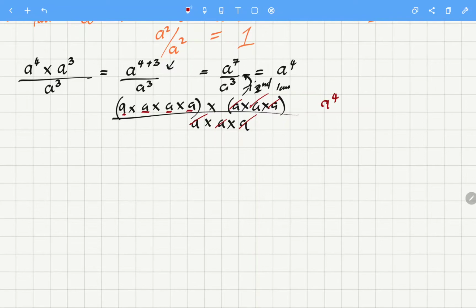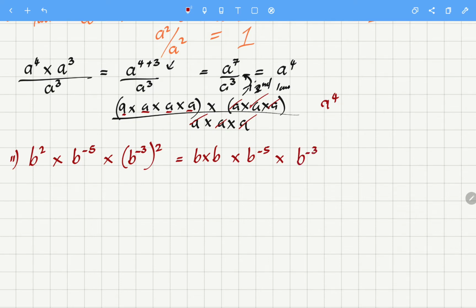And then the second example, I'm gonna make it more interesting. Say b squared times b to the power minus 5 times b to the power minus 3, raised to the power 2. So that's b squared times b to the power minus 5 times b to the minus 3 times b to the minus 3.